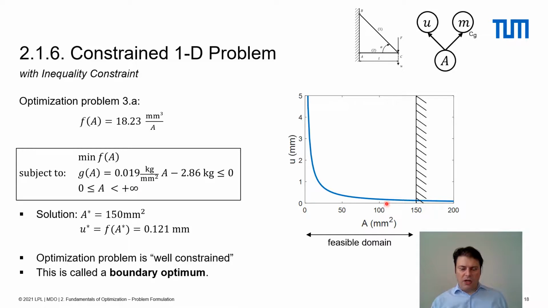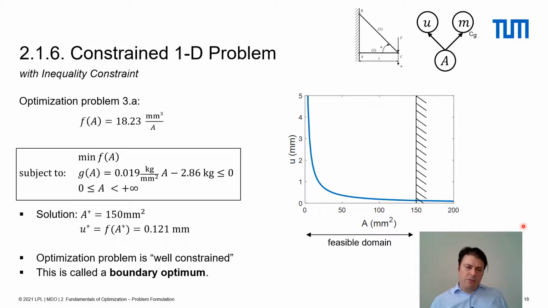When we visualize the inequality constraint as a barrier on this plot, with the cross-sectional area on the x-axis and the displacement on the y-axis, and the objective function represented as the blue line, you can easily understand that the optimum is located right on the boundary.